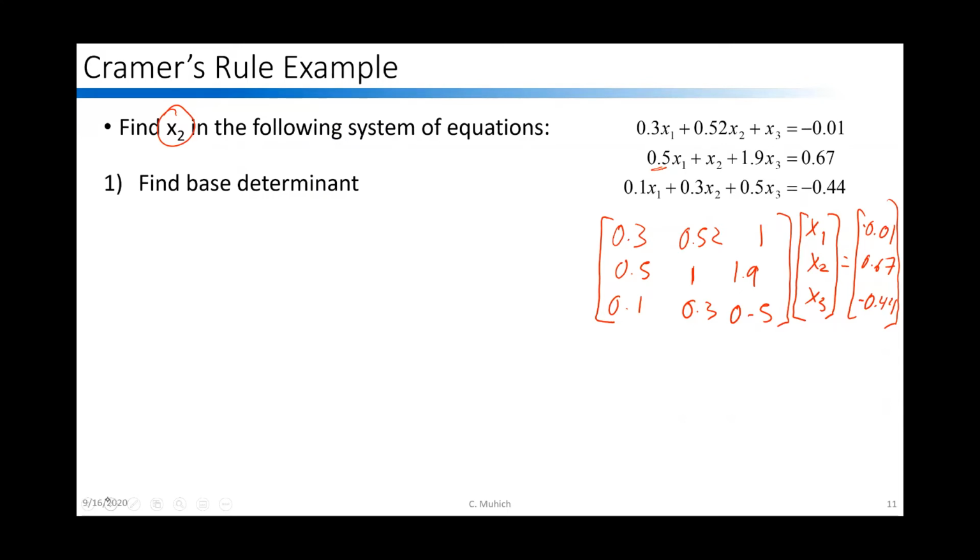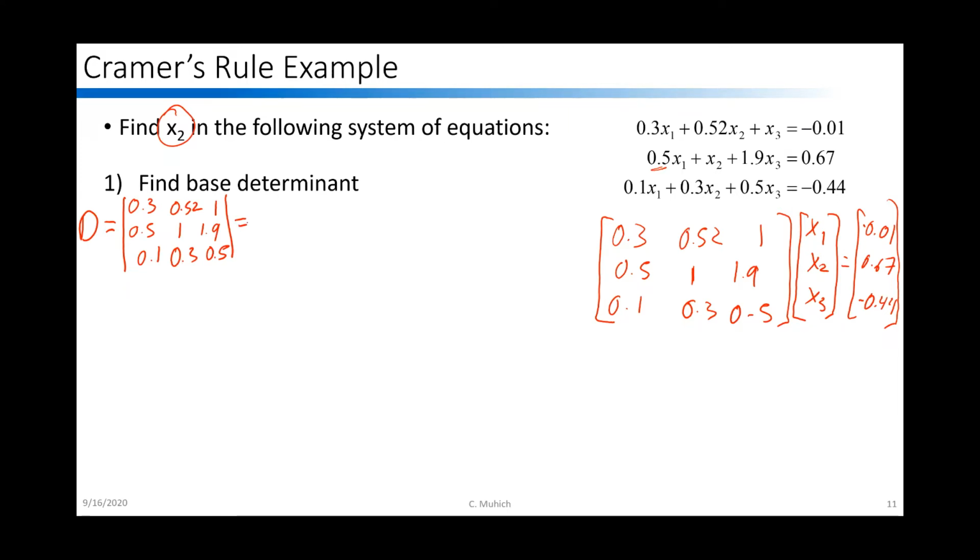So let's start this out. Remember, D is our determinant here. So 0.3, 0.52, and 1, 0.5, 1, 1.9, 0.1, 0.3, and 0.5. We're ready to take the determinant.